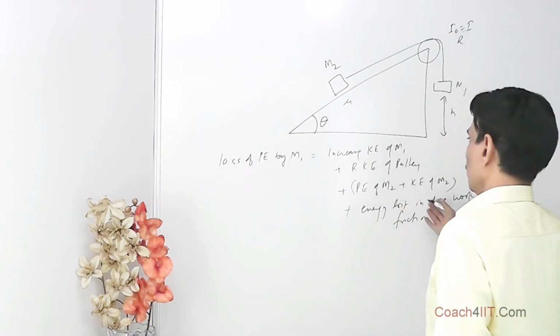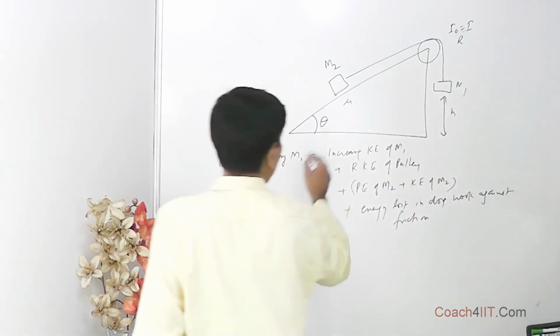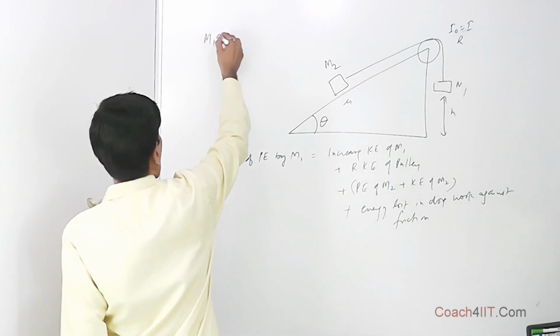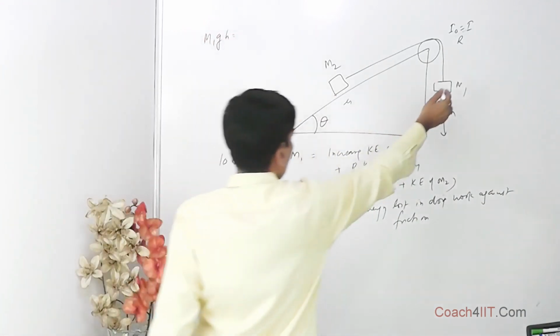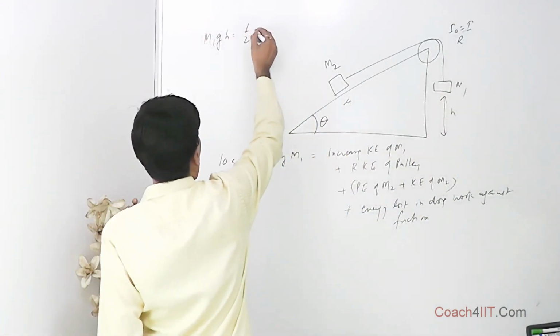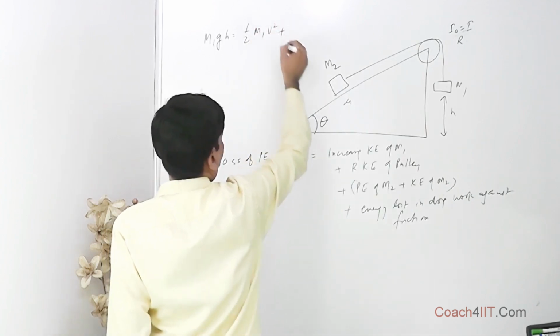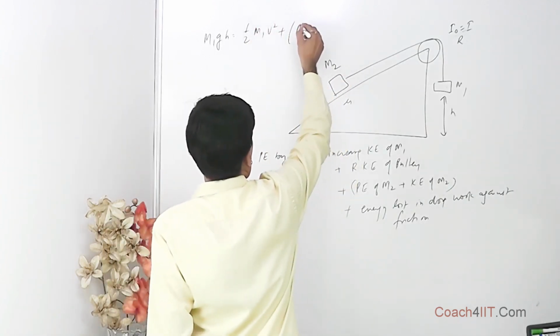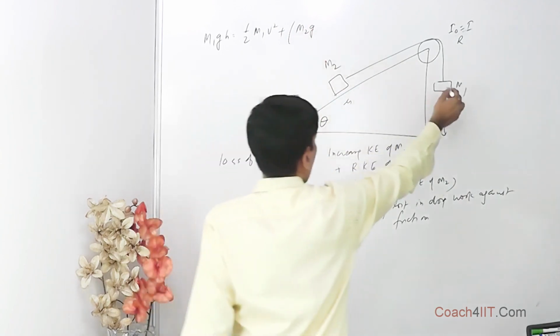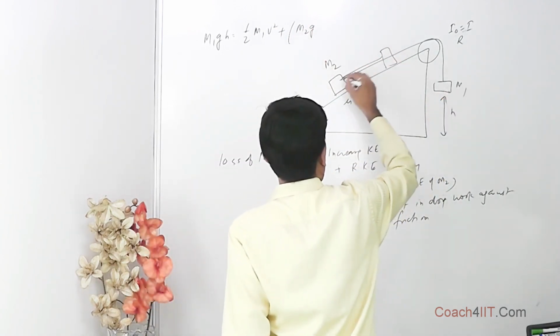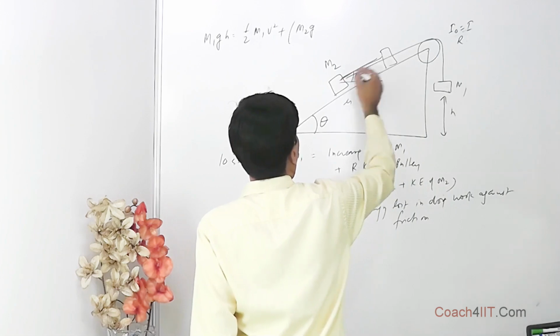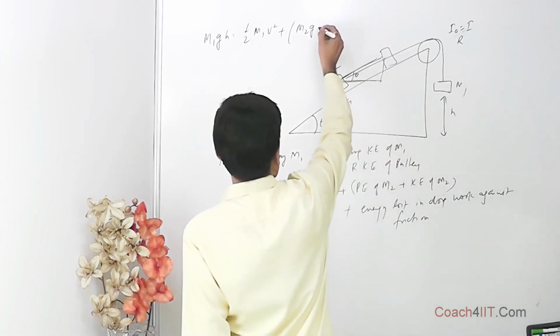So now we can follow this and write the equations. That is, the loss is m1 g into h, and this is equal to half into m1 into v square plus m2 g. If this goes down by h, this goes h along the plane. So this is theta, this is h, this is h cos theta, this is h sin theta.